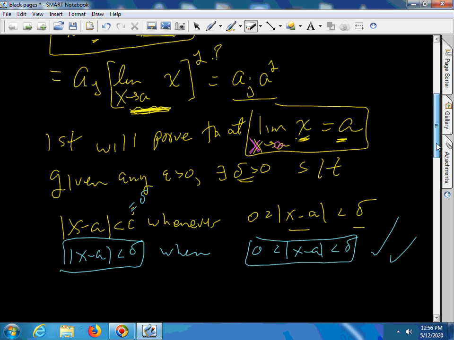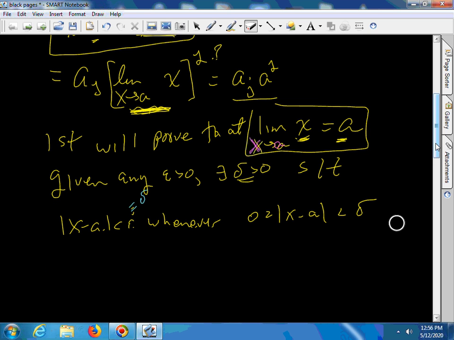This here is true whenever this is true, of course. So, like I said, I need to find the delta. Okay, so choose delta to equal epsilon. And delta is usually a function of epsilon. So choose delta equal epsilon, and this statement is always true whenever that statement is true. So now I proved it.